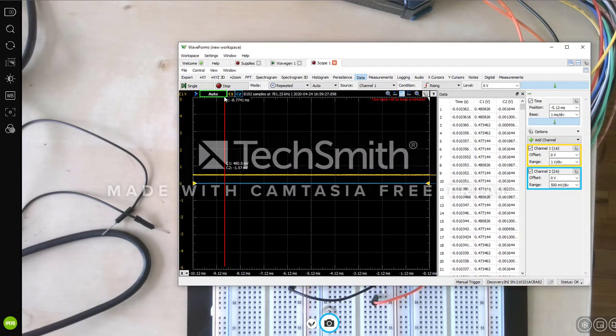Let's go back to WaveForms. All right, before doing anything else, we can see the DC voltage because our DC is on and AC is off. It is around 0.48.